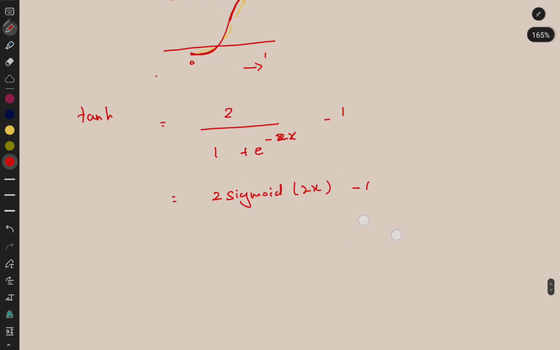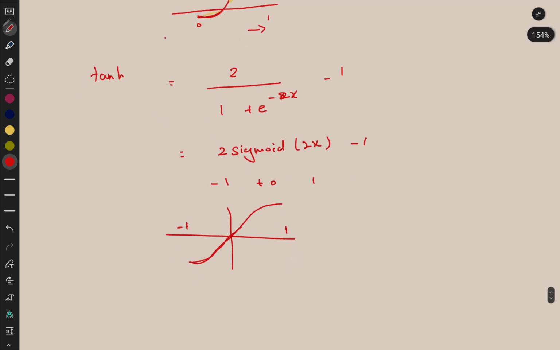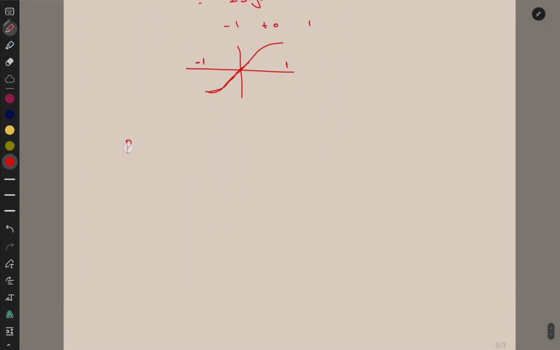Once you apply the tanh activation function, the value will be reduced to between minus 1 and 1. This is similar to the sigmoid activation function, but the value will be in the range minus 1 to 1. Next we will see the ReLU activation function.